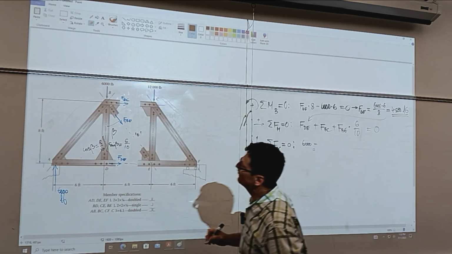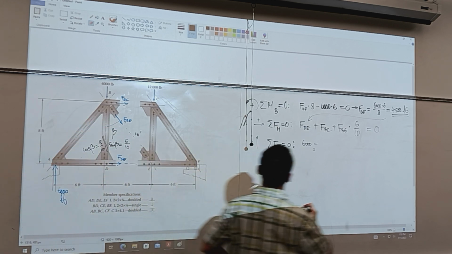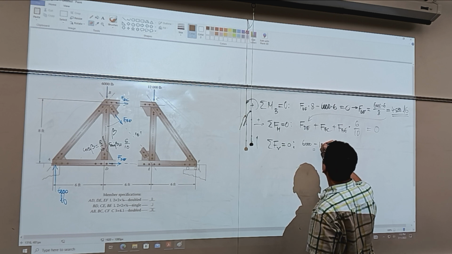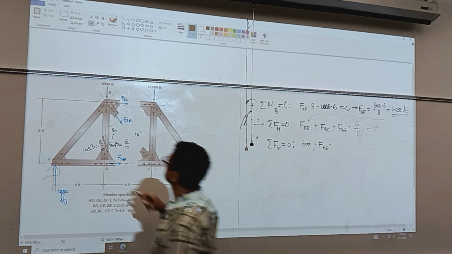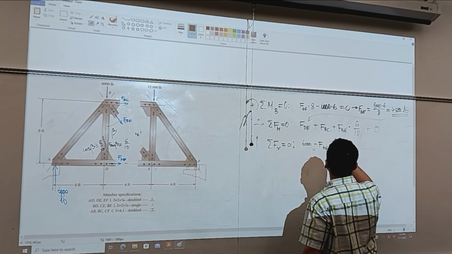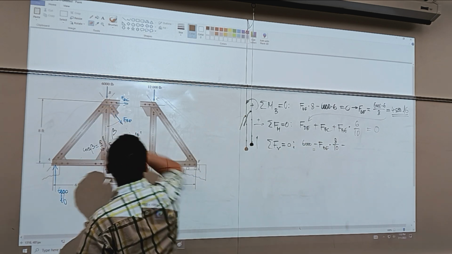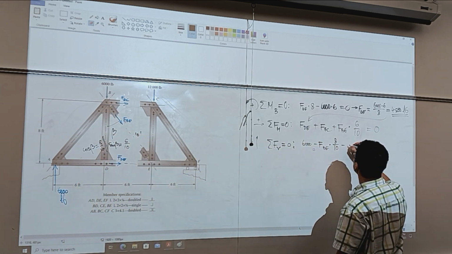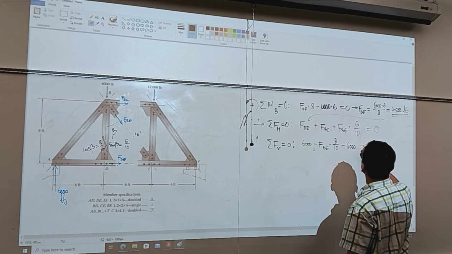And then as we move up, we have a negative FDE times cosine of beta, times 8 over 10. And then, is it positive? No, it's a negative 6,000, the original or the external load, equals 0.